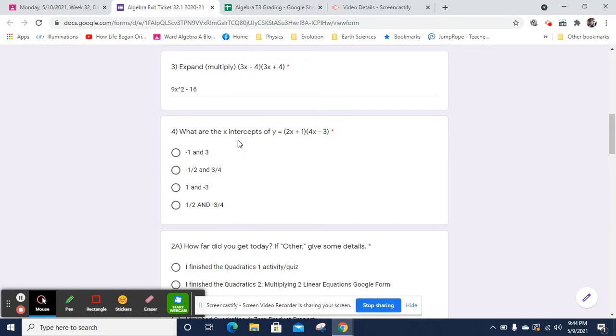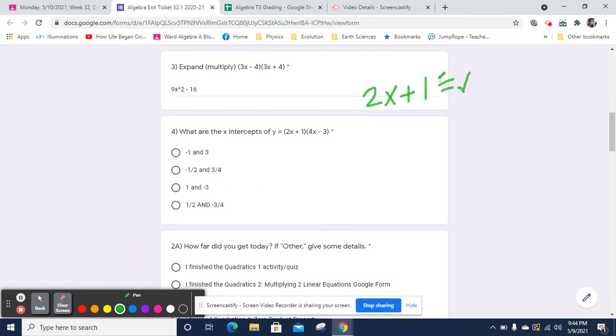What are the x-intercepts of this one? Now, this one is a little more complicated because we have a 2x plus 1 and a 4x minus 3. There's some stuff in front of the x you've got to deal with. So we just take each factor and we set it equal to 0. 2x plus 1 equals 0.